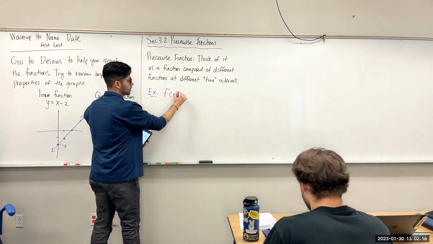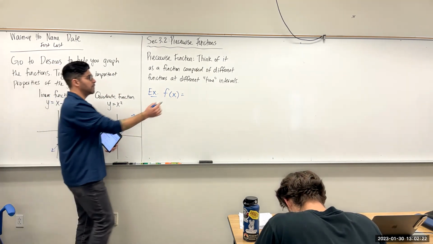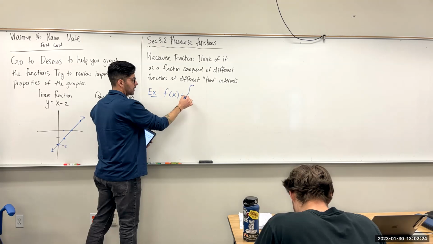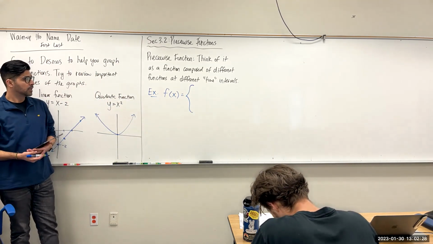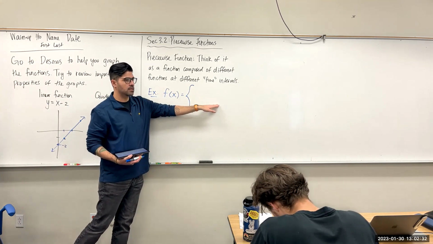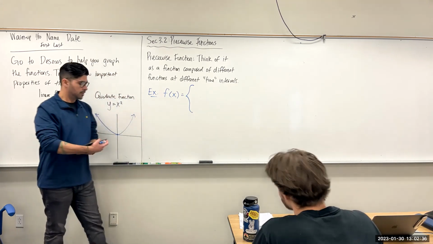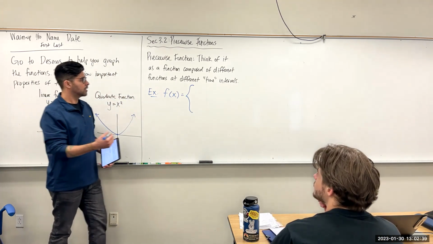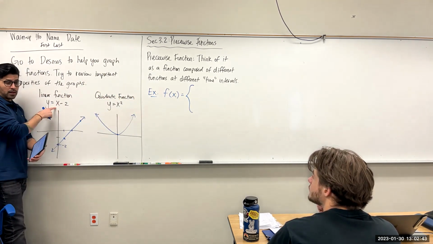Normally piecewise functions, you write them with a big set bracket like this, but it's a really big one. On the top, you put your first function, and on the bottom, you put your second, and sometimes there's a third function, fourth, whatever. In this case, we're just going to do 2. So we're going to use this function from the warm-up, x minus 2.